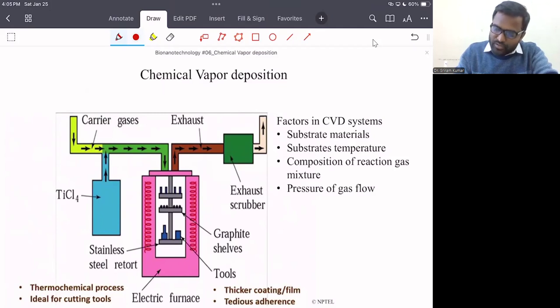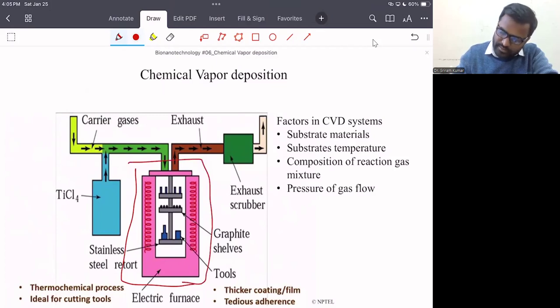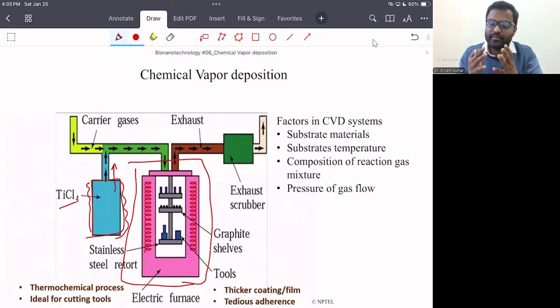In the chemical vapor deposition technique, we have one closed chamber, and this chamber is connected with the precursors container. From the precursors container, the vapor of the precursors comes out. These vapors may come out because of heating surrounding the container, so that vapor forms.